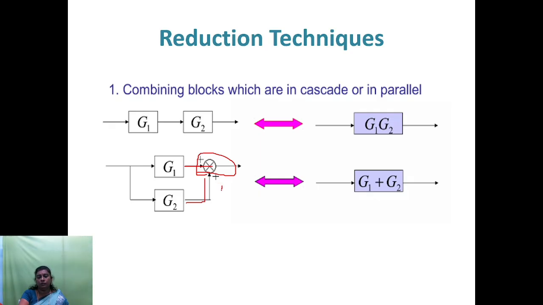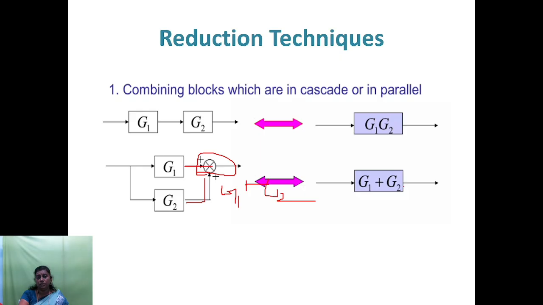So the final output from this block diagram is G1 plus G2. If these two blocks are connected in parallel, we can make it a single block with the gain of G1 plus G2.